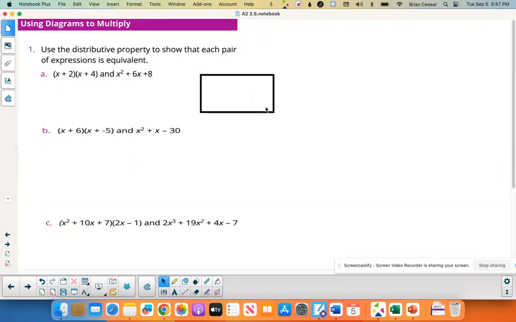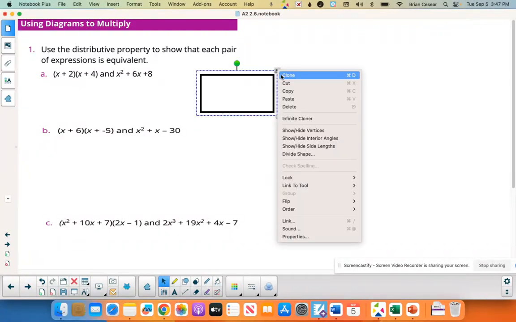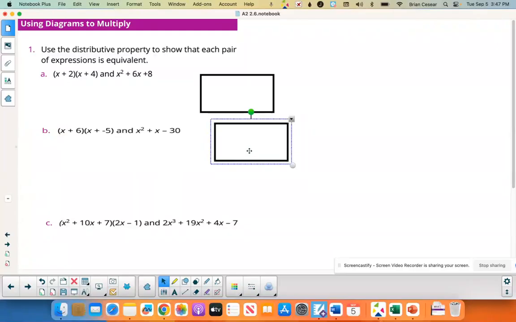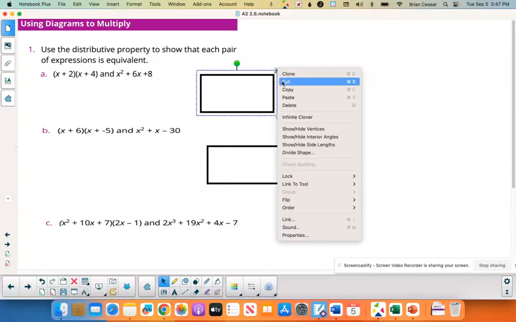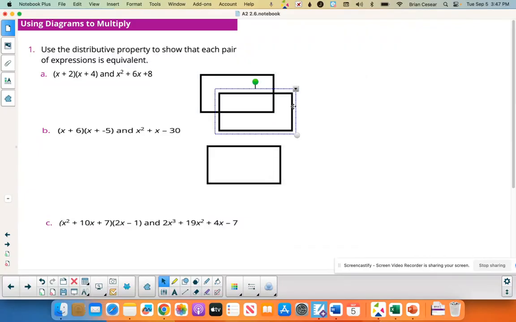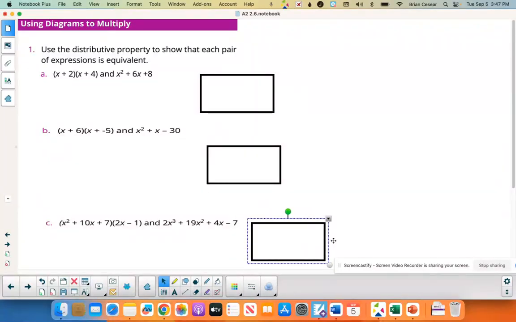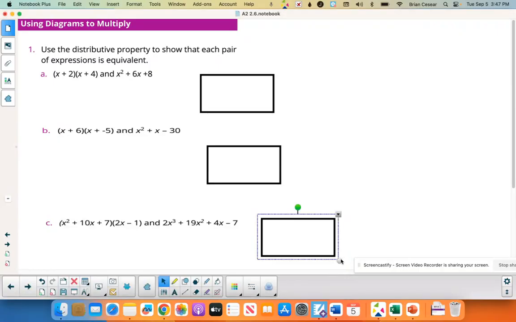I'll tell you what, I'll just copy all of these right now. And I'm going to make this one a little bit bigger, because I need to have 3 terms on one of those.